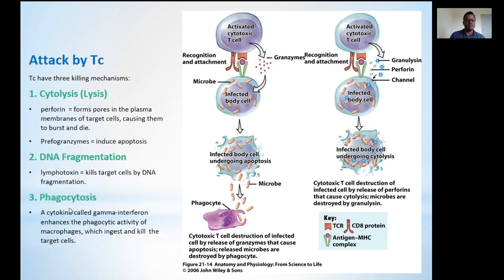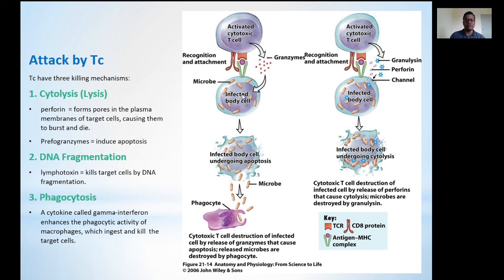And third, by phagocytosis, with the help of phagocytes. A cytokine called gamma interferon enhances the phagocytic activity of macrophages, which will ingest and kill the target cell.